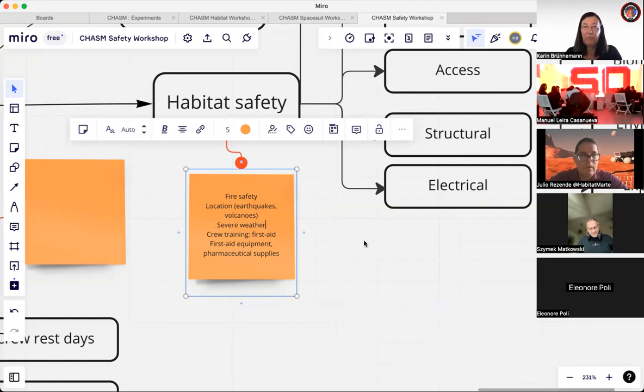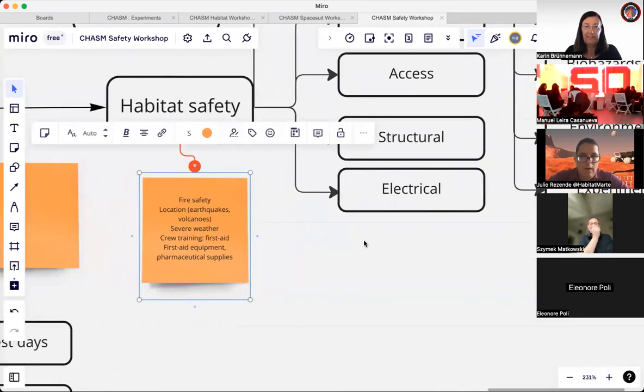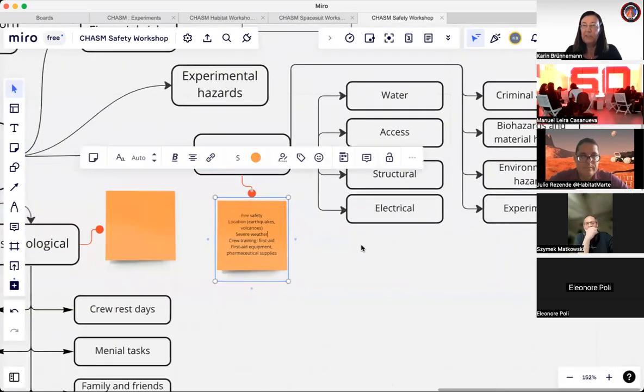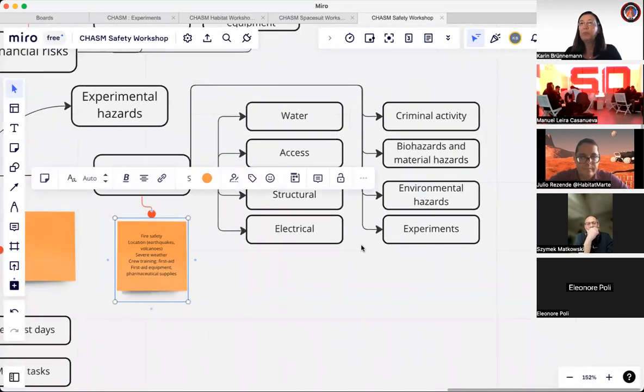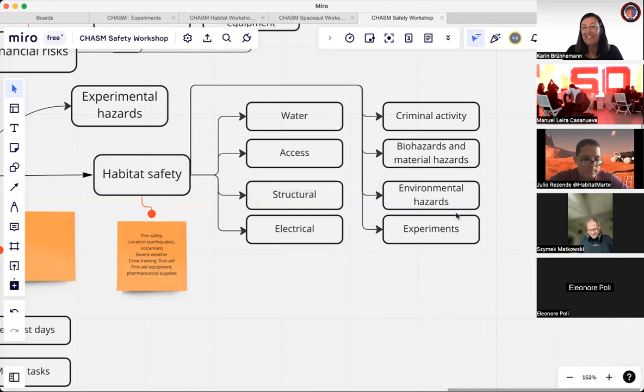Severe weather. Like today, it's very windy here. So we have a very strong wind, so I'm not going on too many EVAs today. I did take the trash out. Yeah, that can be an environmental hazard, but an environmental hazard can also be the terrain.